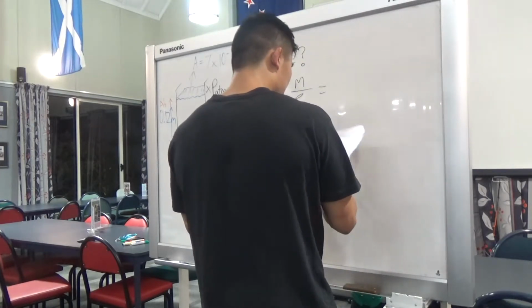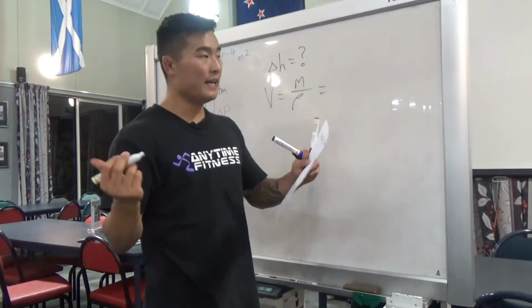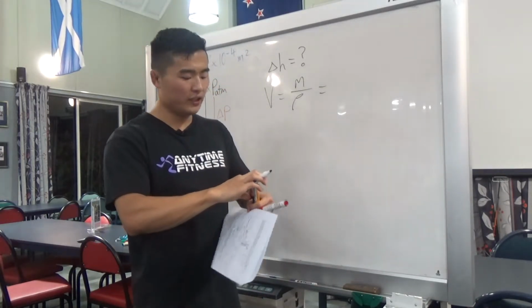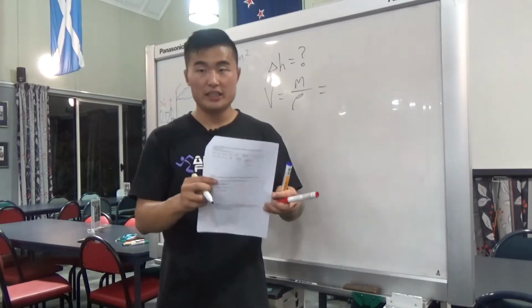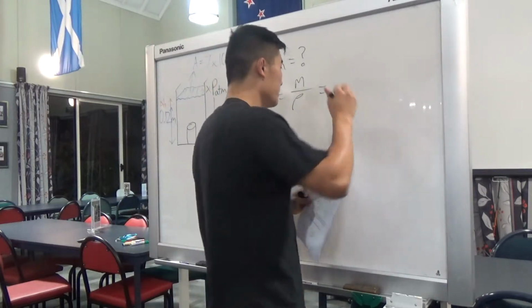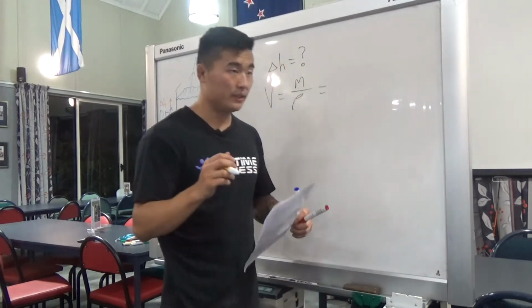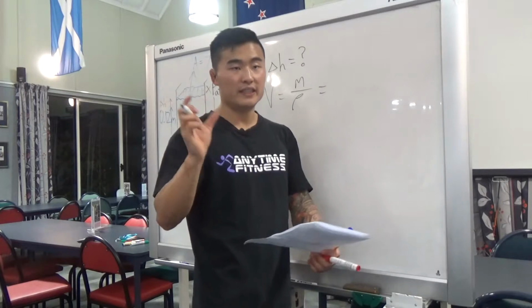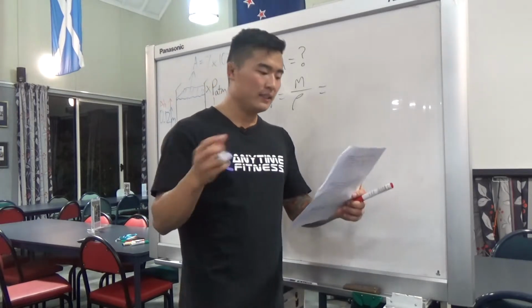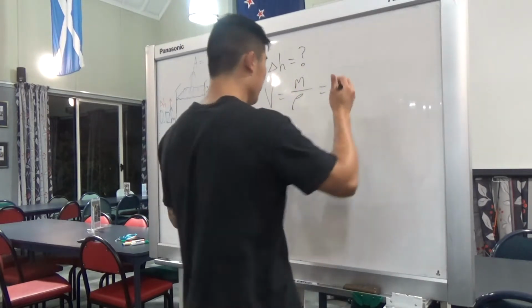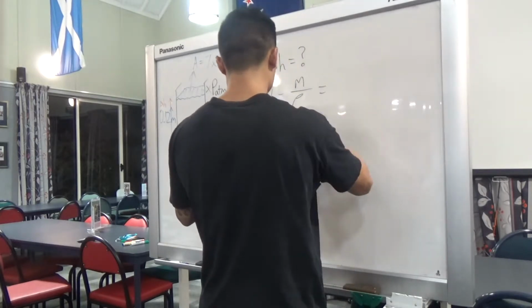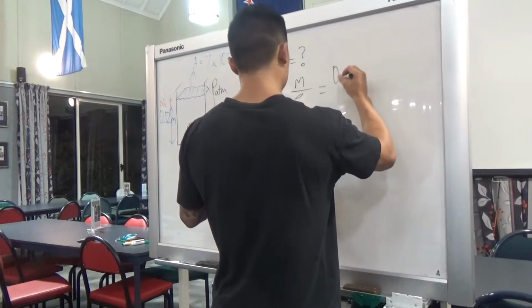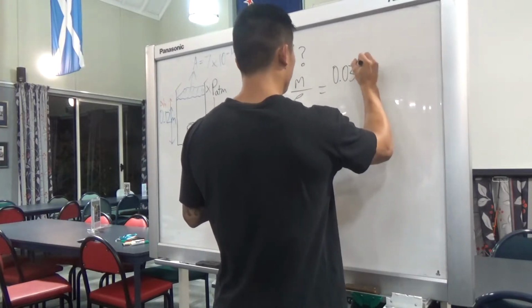The mass was 31.5 grams, so we have to convert 31.5 grams into kilograms. You're trying to add a prefix, so you're going to divide by that prefix. So 31.5 divided by 10 to the 3. That's going to be 0.0315.